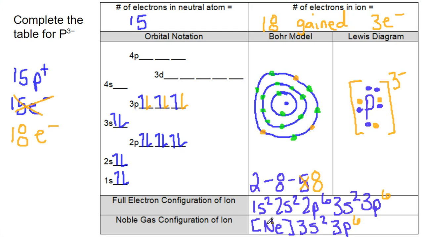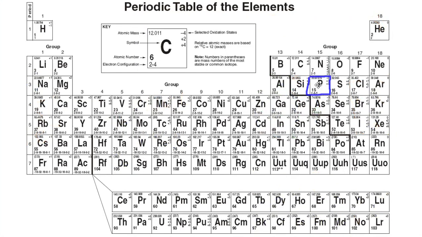Okay, so we have Ne in brackets, 3s2, 3p6. Now that's one possibility for writing the noble gas configuration of the ion. But if we go to the periodic table, the P3- ion, after it's gained the 3 electrons, now has the exact same electron configuration as argon.